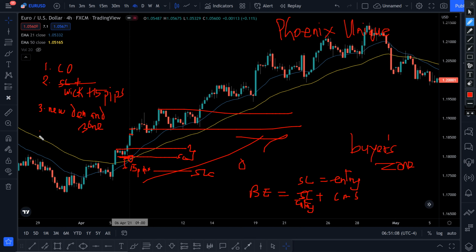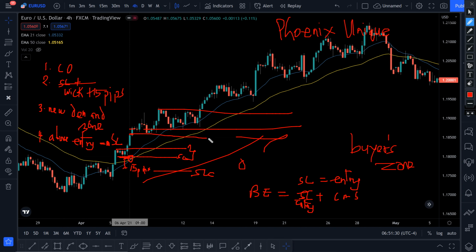Okay. Then rule number four, your new stop loss, NSL, will be above your entry. This is your entry price.